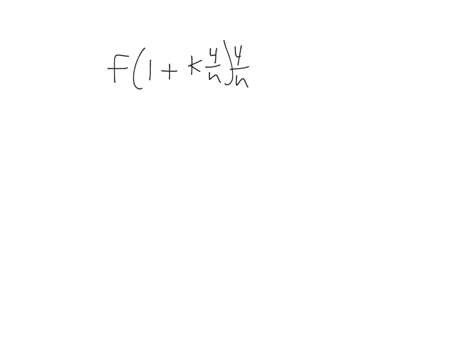Okay, so we're going to add them up, and we're going to start with k equals 1. So the first one. Should we start with k equals 0? We usually start with k equals 1, our first one.